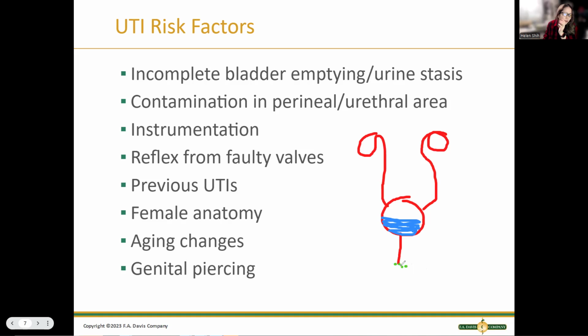So you have normal flora that's traveling up your urethra. And if they reach your bladder and there's a lot of urine that's just sitting in there, bacteria loves that because it will actually consume the waste products that are in your urine as a source of nutrients.